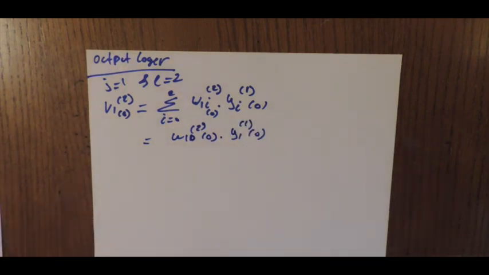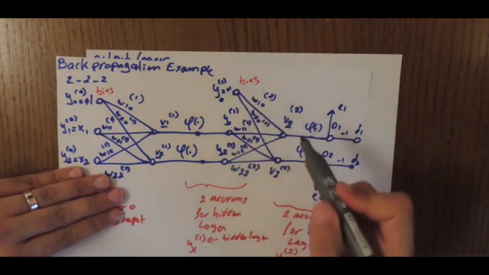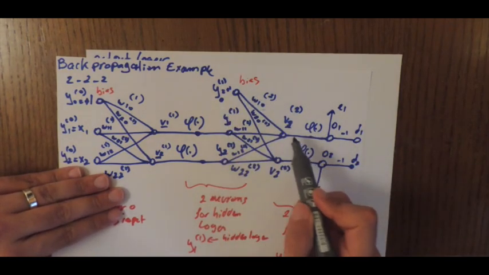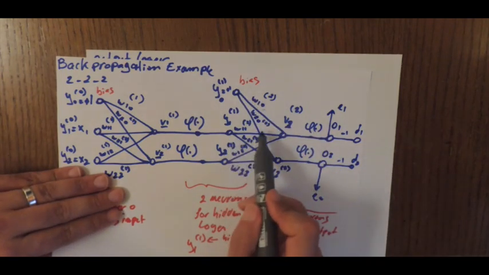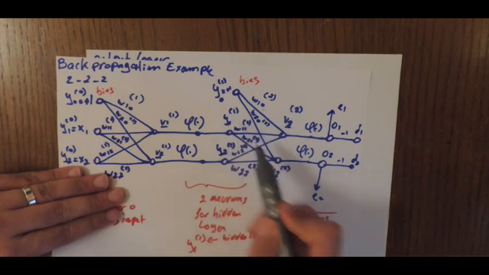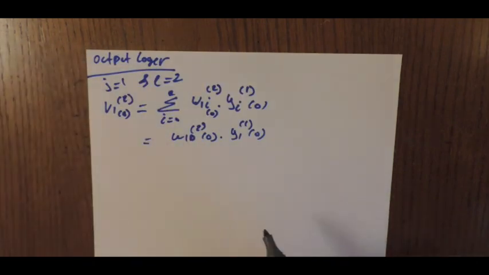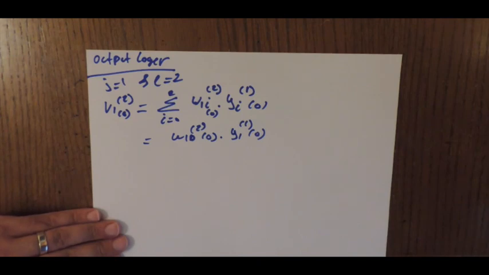So what we're trying to do here, if we look at the figure, is we have this and we're trying to calculate this. We multiply this weight by 1 and this weight also will be multiplied by 1, and then we multiply this weight by Y1 of 1, which we computed, and this weight by Y2 of 1, which we also computed. So this will be as follows.